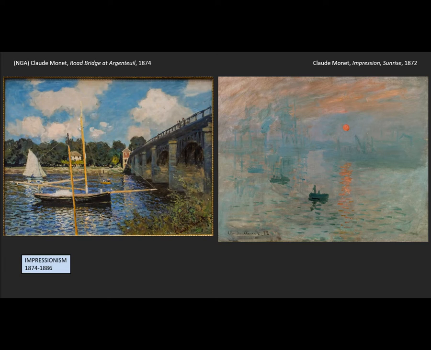As a put down. And it was all based on Monet's Impression Sunrise. So from this point forward, they have 7 more shows over the next 12 years. They like the name Impressionism. They say, yeah, that kind of fits some of the things we're trying to do. And they end up co-opting the name for themselves.